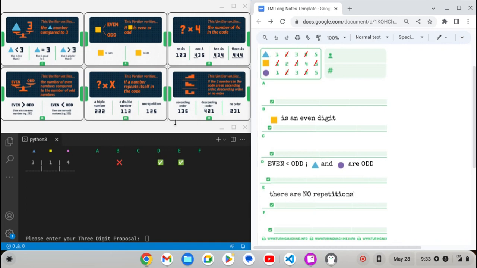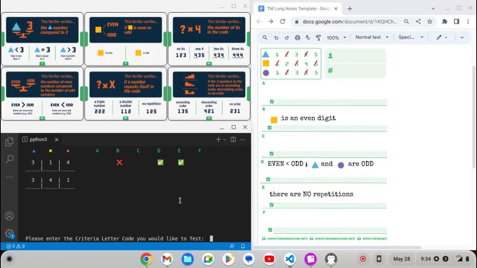So in that case, I think I'm going to test 3, 4, 1 and predict that there's going to be no order. So let's go ahead and do that. So I'm going to try 3, 4, 1 and see where that takes us.